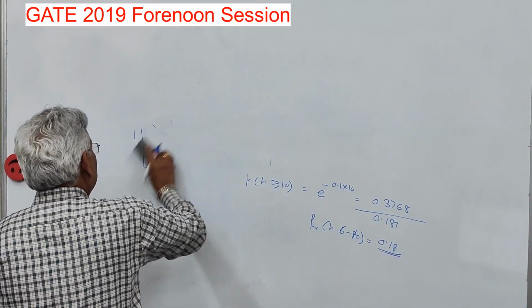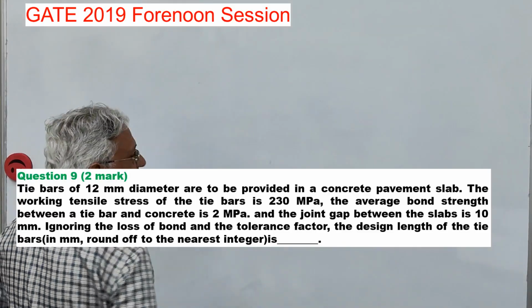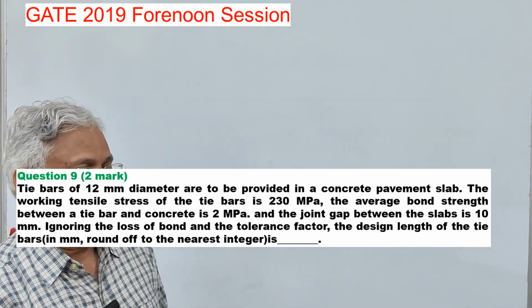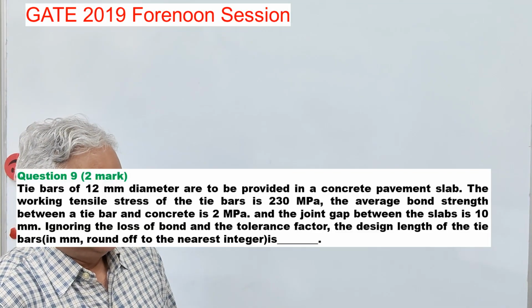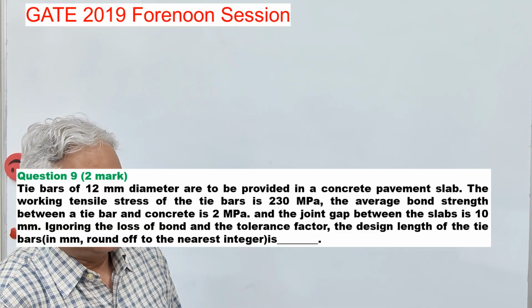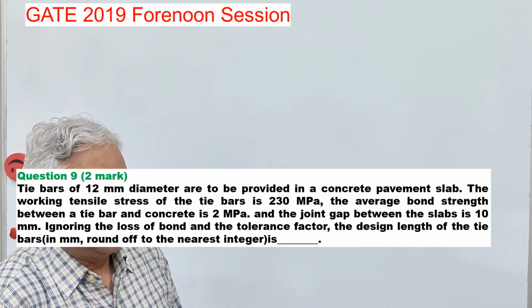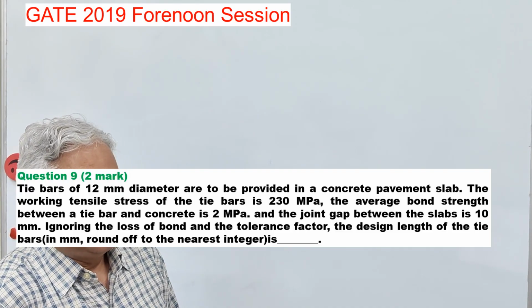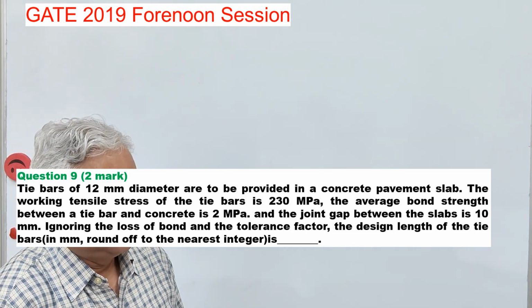And the last question in the forenoon session is again on concrete pavement, and it says that tie bars of 12 millimeter diameter are to be provided in a concrete slab. The working tensile stress of the tie bar is 230 MPa. Average bond strength between the tie bar and concrete is 2 MPa, and the joint gap between the slab is 10 millimeter.